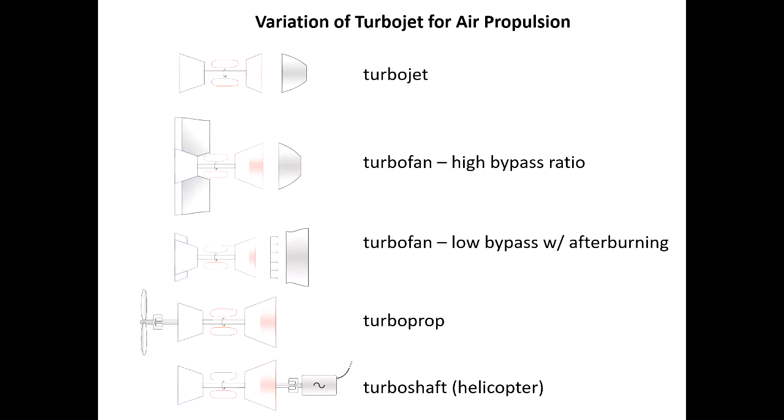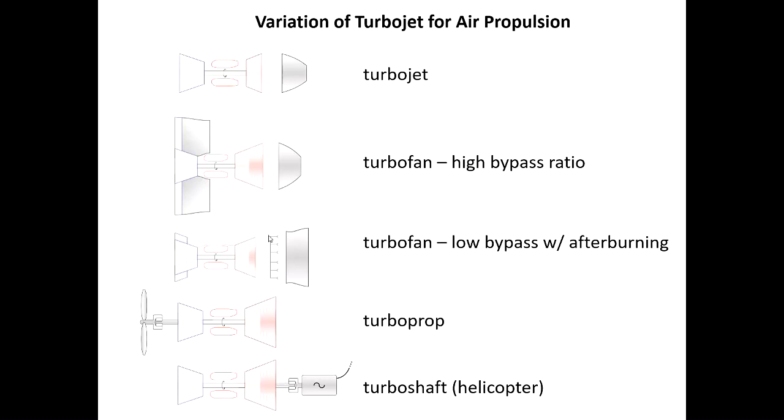Then they join at the end and produce the thrust. The idea is you have a larger amount of air being created to give you a larger push of the aircraft.